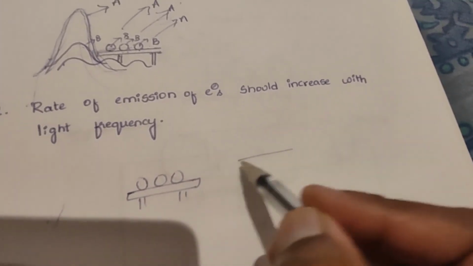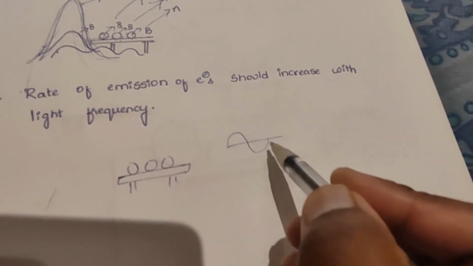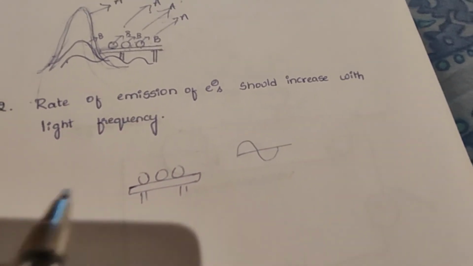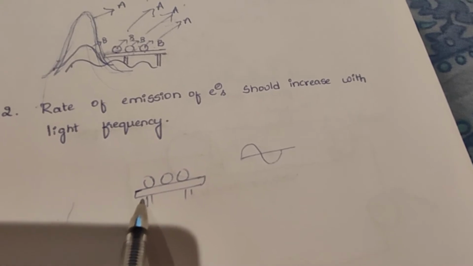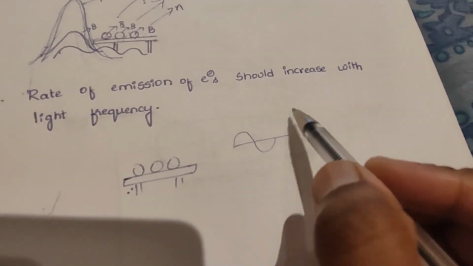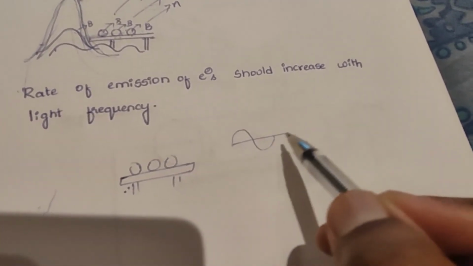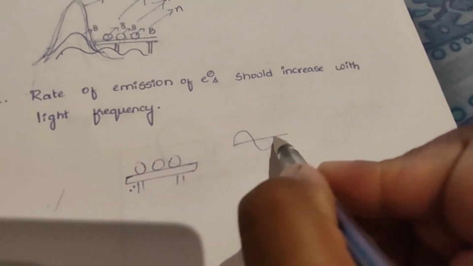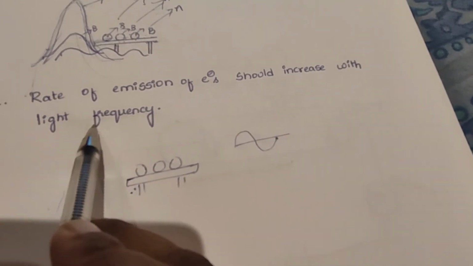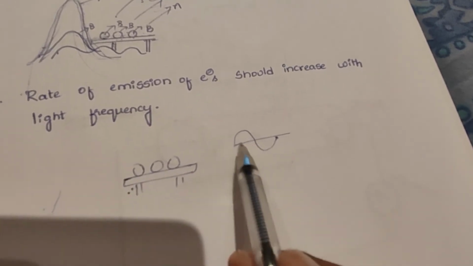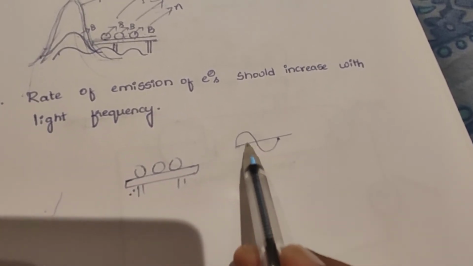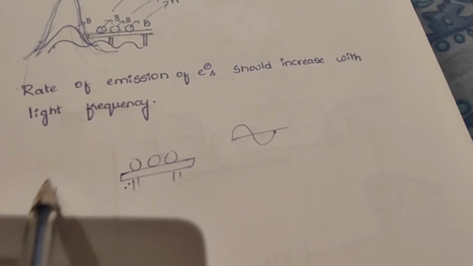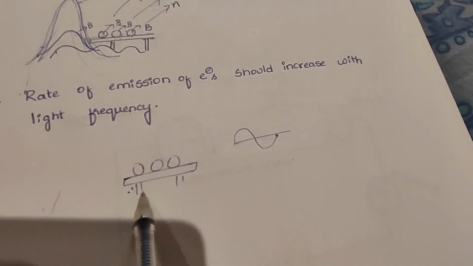The displacement of the wave will be the same, but the number of waves hitting the dock is what we are considering. Frequency means the number of waves passing through a certain point in 1 second. So here the amplitude is the same, but the number of waves hitting the dock is different.